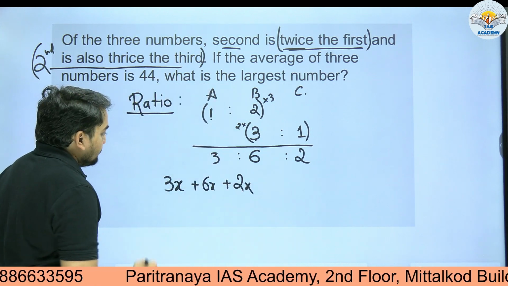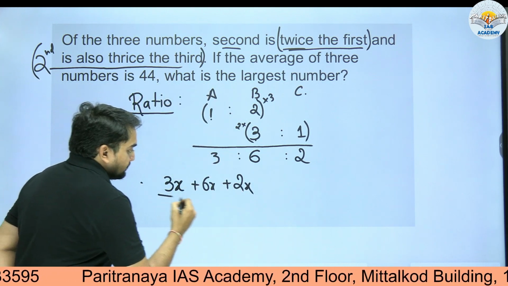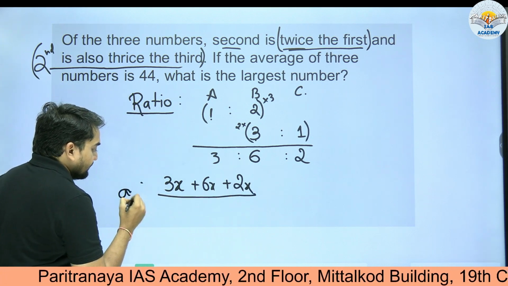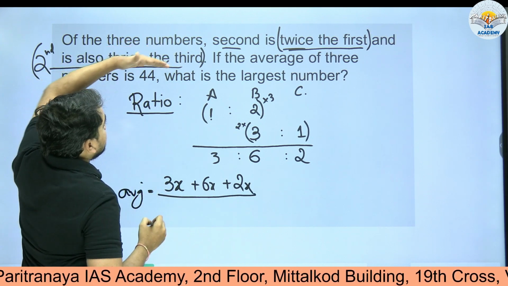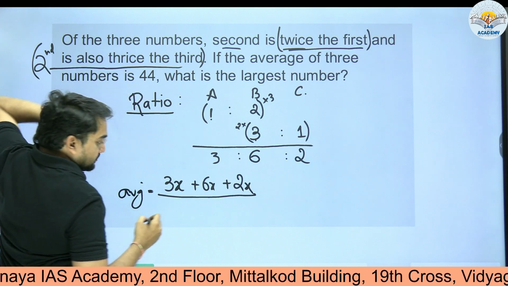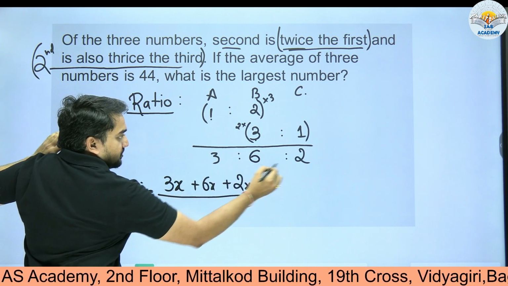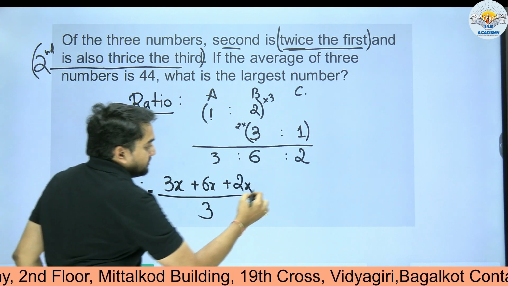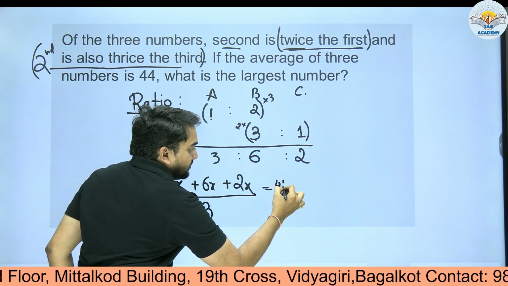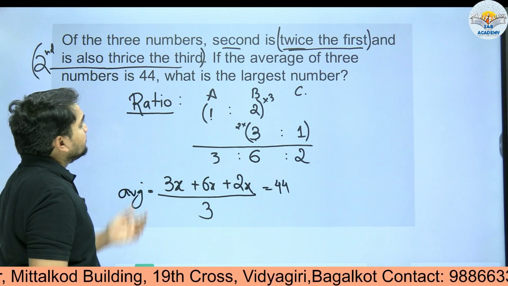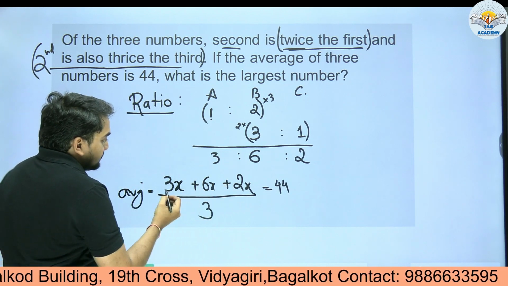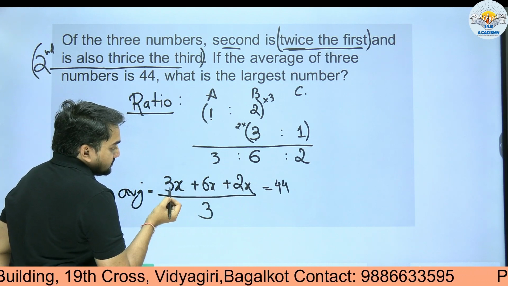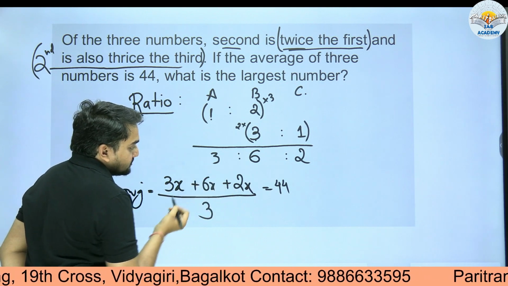The average value was already given, and it was 44. So the sum of observations, the sum of the ratios, divided by the number of observations, which is 3, is 44. The sum of 3x, 6x and 2x is 11x.